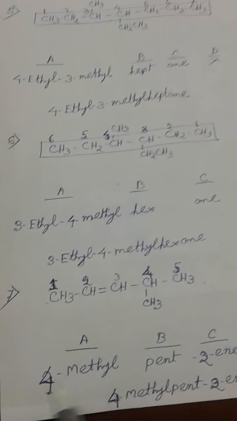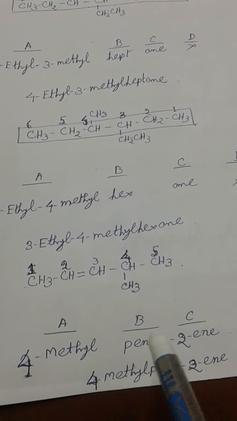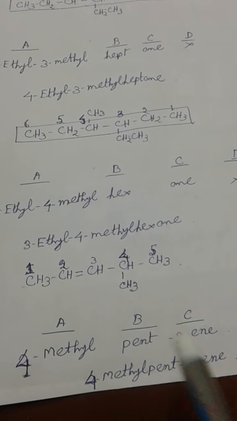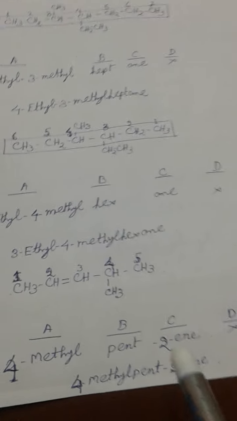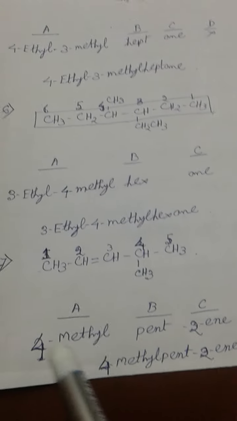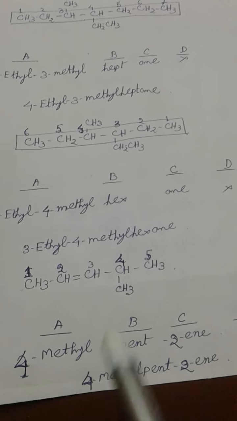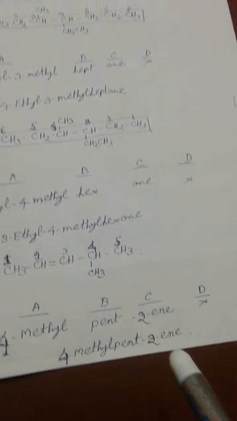Then 4-methyl, that is the side chain, and 5 carbons are present in the main chain, that is pent, and the double bond is present between carbons 2 and 3, so we must write the minimum number, 2, so that is 2-ene, that is 4-methylpent-2-ene, so the total name is 4-methylpent-2-ene.